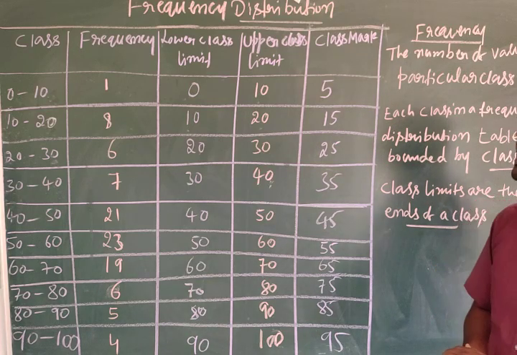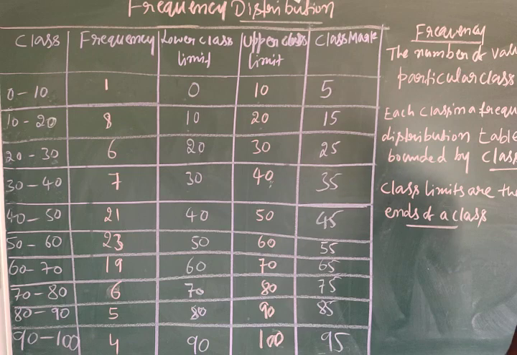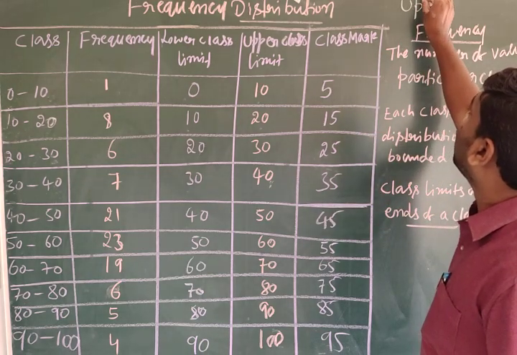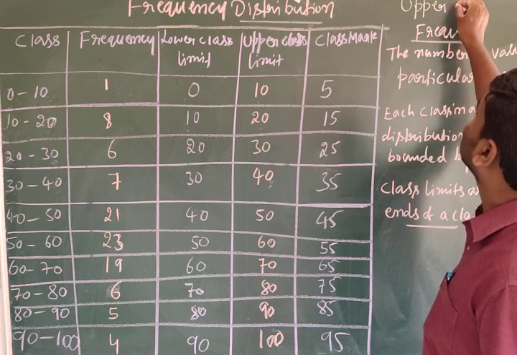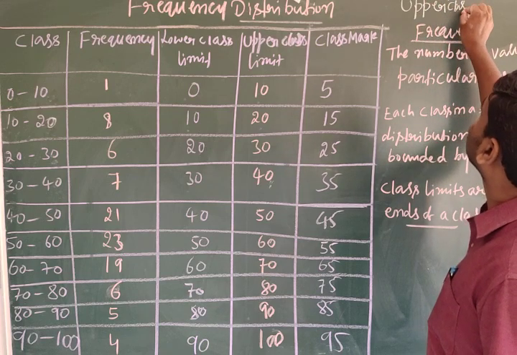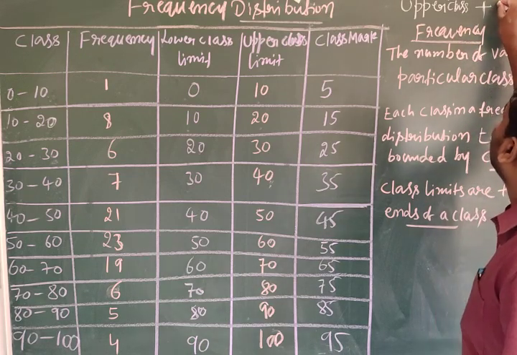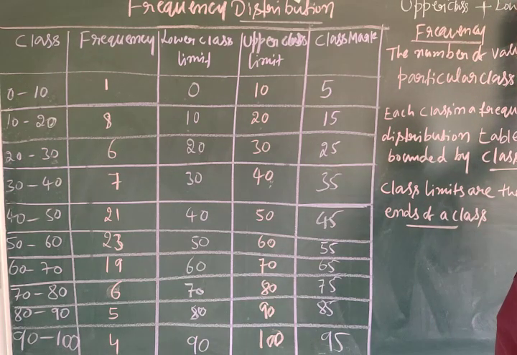Otherwise we can say class mark. Then how can we identify that? This is the difference between the upper class limit and the lower class limit.